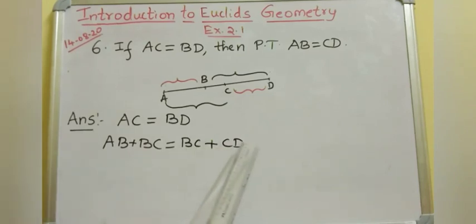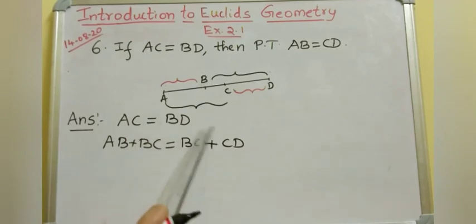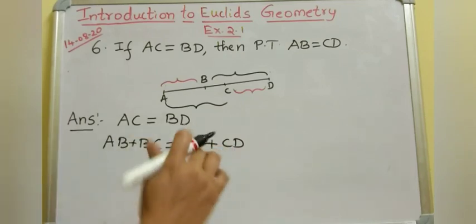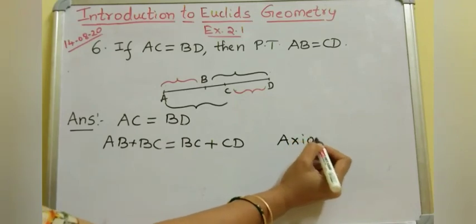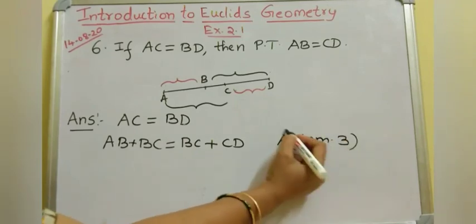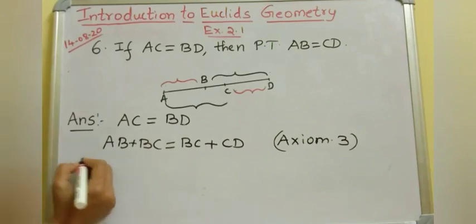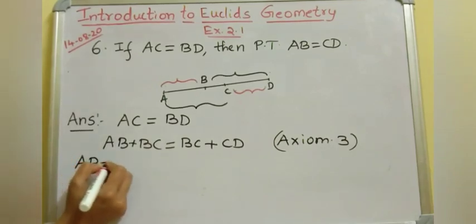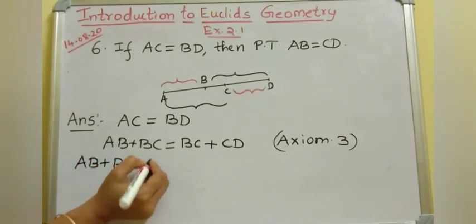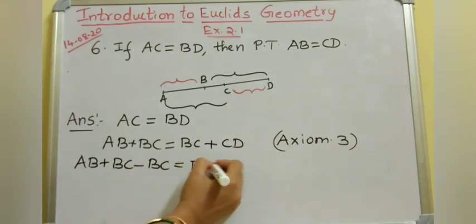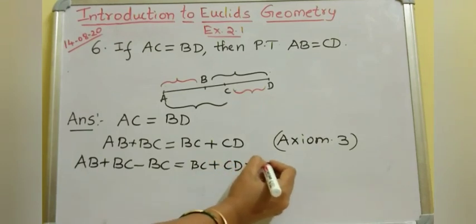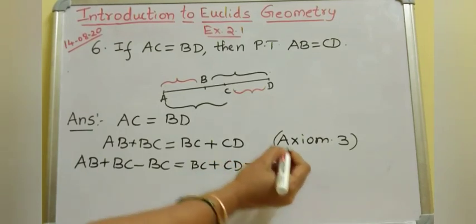Which axiom can be used here? Something is common here. What is common? BC is common. So I will remove that. Equals are subtracted from equals, the remainders are equal. So I am applying this. AB plus BC minus BC is equal to BC plus CD minus BC.